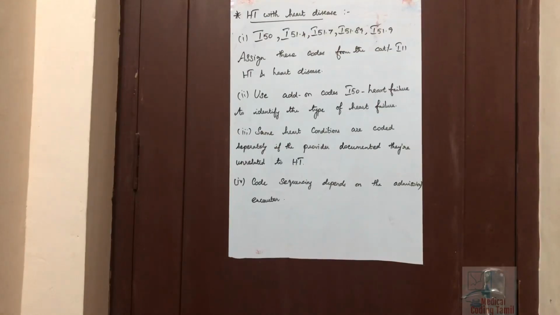And the code sequencing depends on the encounter of the patient, which makes the patient get admission to the hospital or visit the doctor, like whether the hypertension makes the patient get admitted or visit the doctor, or the heart disease makes the patient get admitted or visit the doctor.